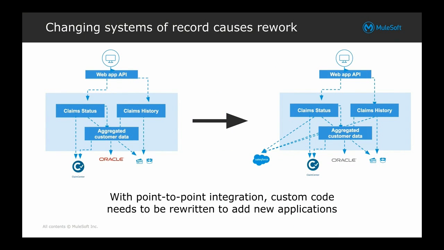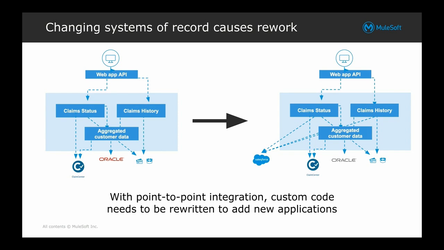Likewise, when you think about changing systems of record, one of the challenges with doing a Guidewire implementation through point-to-point code is that if you decide to bring on a new system of record, so say, for example, migrating customer data from Oracle database to Salesforce CRM, if you decide to swap out one of these systems of record, you need to redo all of the custom integration work across those applications to your core insurance platform, as well as to your end-consuming applications.